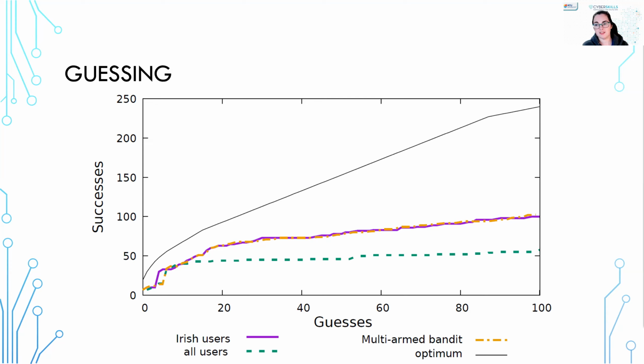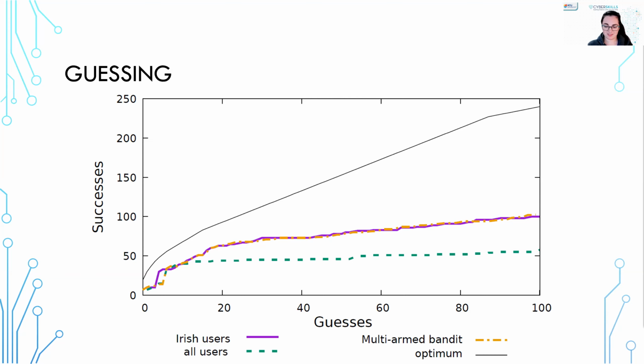So the old users is that entire data set of passwords, not extracting the Irish users. They're still in there, but it's the entire password set. And we'd be using that to guess. So we can see that guessing using just the Irish users or allowing the multi-armed bandit to learn what dictionary to use is the most effective.